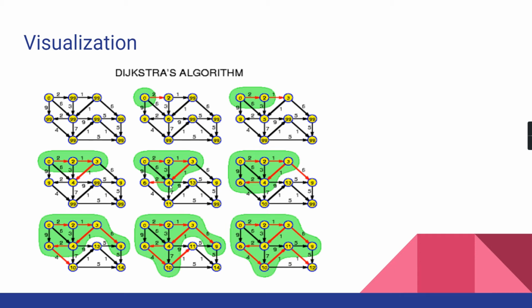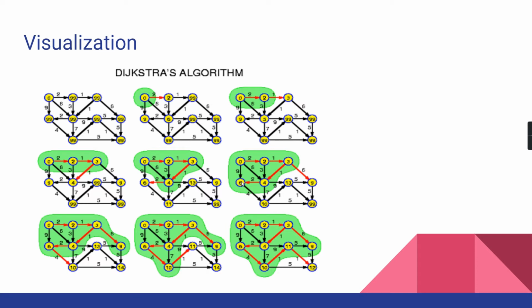And then from 4, we're going to look at this vertex, which has a max distance from the source of 13, and this vertex, which has a new updated distance from the source of 6, which is smaller than 9, so this vertex was updated with its minimum distance 6. And we're going to add this to the set, since 6 is less than 13.